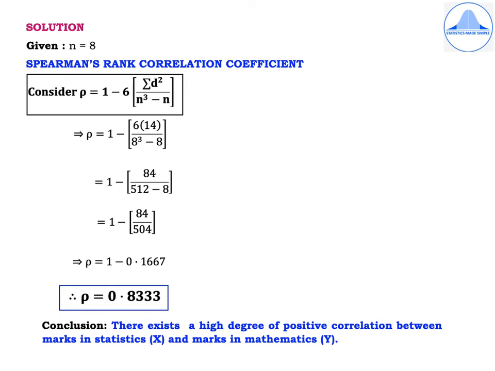Solution given n equal to 8. So small n stands for the number of observations.